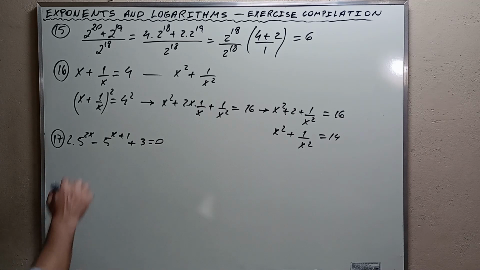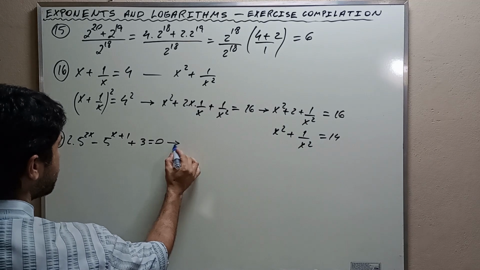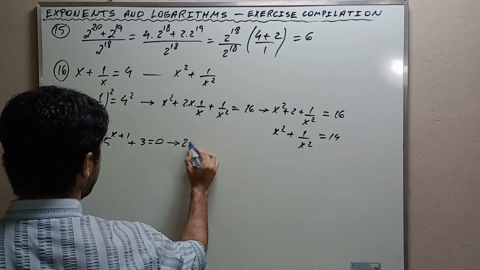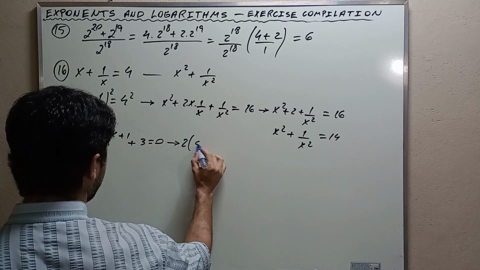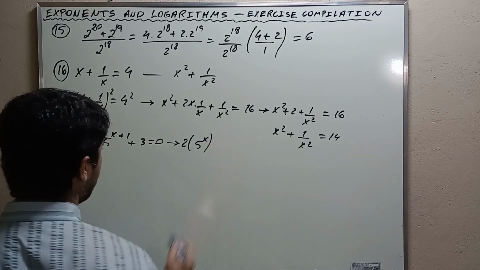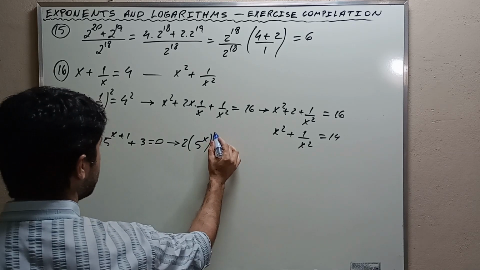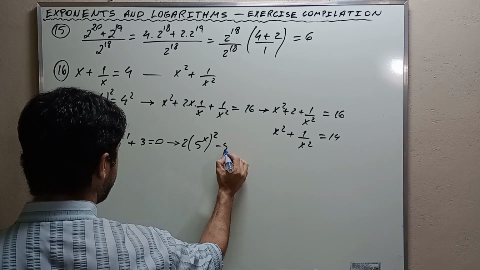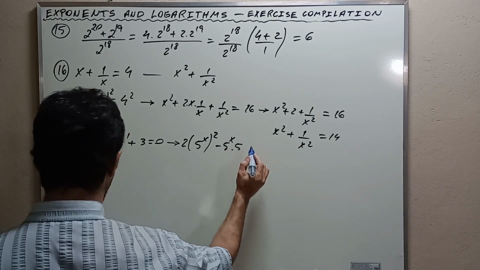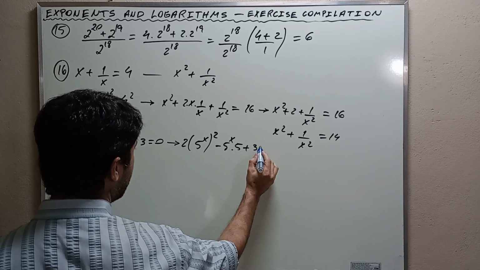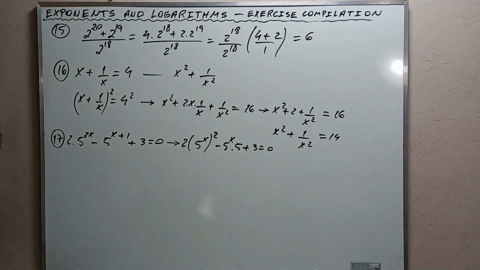Observe that the expression here can be converted to 2 times (5 to the x) squared minus 5 to the x times 5 plus 3 equal to 0.